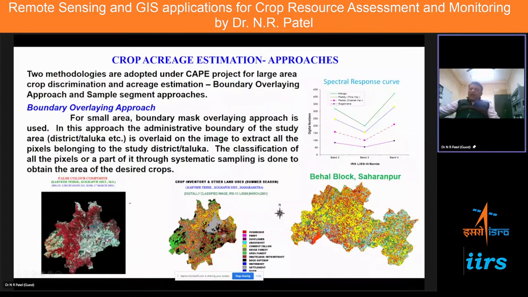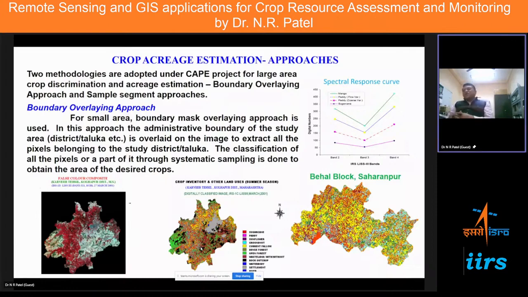Ground truth you identify and mark at different places as training sites. Based on that, you use a classification algorithm like MXL, minimum distance, or any other advanced algorithm such as random forest or ANN. But finally, it will classify based on the ground truth training statistics the maximum likelihood possibility of a particular pixel to be part of a particular information class.